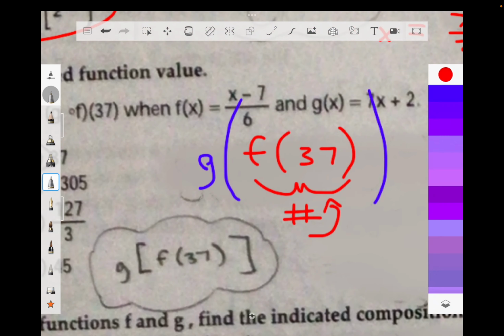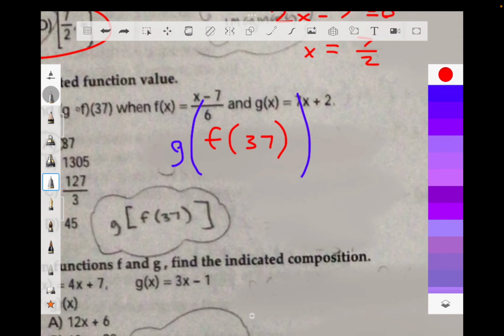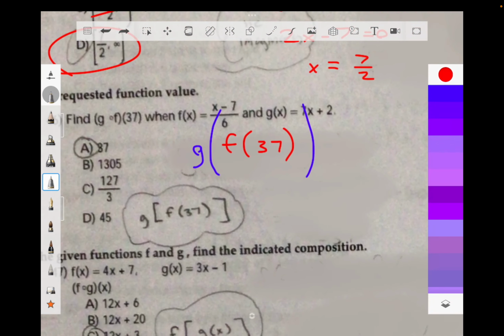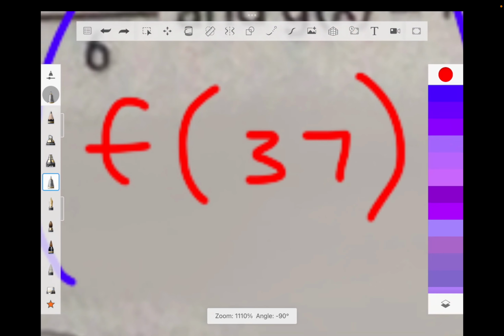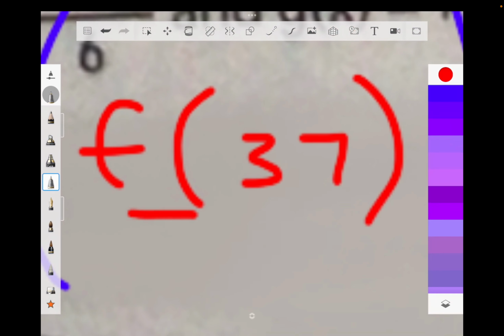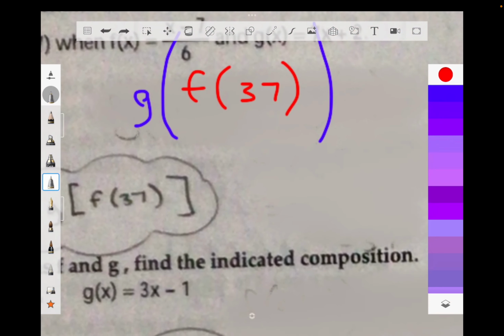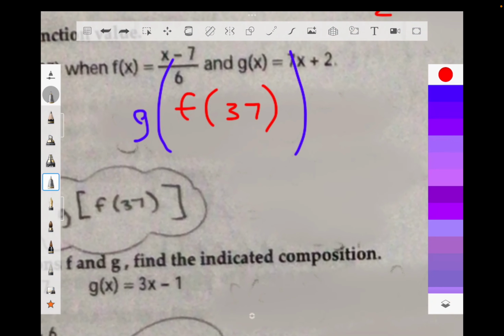So I think it'd be better if I just show you. So I'll do this part in red and then go from there. So let's just pretend that g of x doesn't exist, and we're just focusing on this f of 37. So f of 37, you plug in this 37 to this x right here.